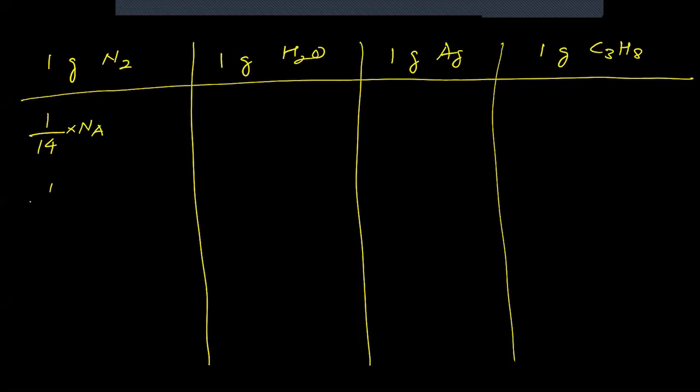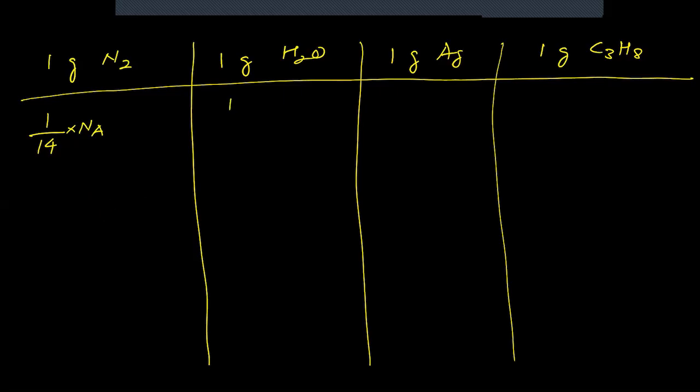Otherwise, you could have done 1 by 28 into Na; these would have been molecules. If you consider N2, then 1 by 28 into Na molecules into 2 atoms, because one nitrogen molecule has 2 atoms, you will get exactly the same thing. So 1 by 14 Na atoms.